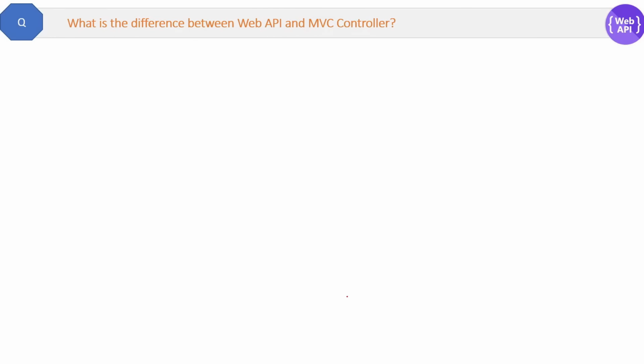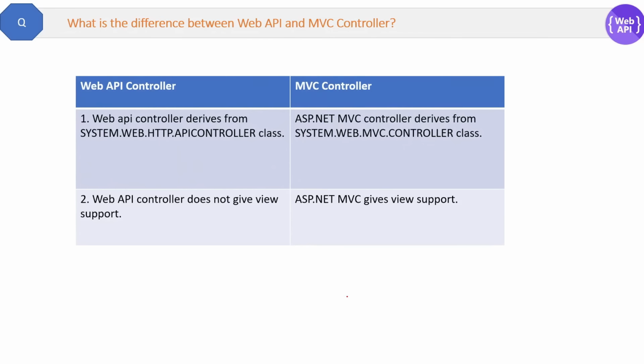What is the difference between Web API and MVC controller? Web API also has a controller, and in a normal ASP.NET MVC application there is a controller. So what is the difference? The difference is very simple. Web API controller derives from the System.Web.Http.ApiController class, and ASP.NET MVC controller derives from the System.Web.Mvc.Controller class.